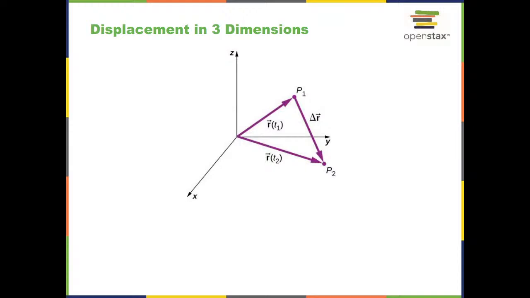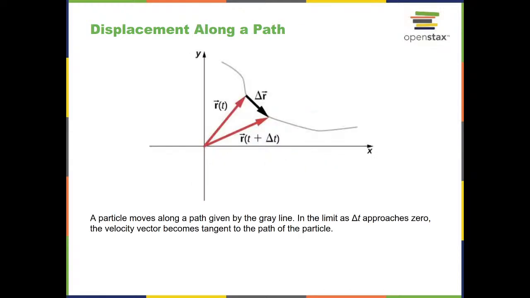So from position to displacement, of course the next step is going to be displacement along a path that a particle is traveling along. And I should point out here, when I'm talking about particles, partly of course it's because I'm a particle physicist, subatomic physicist, but that's not actually the reason why we're using this terminology.